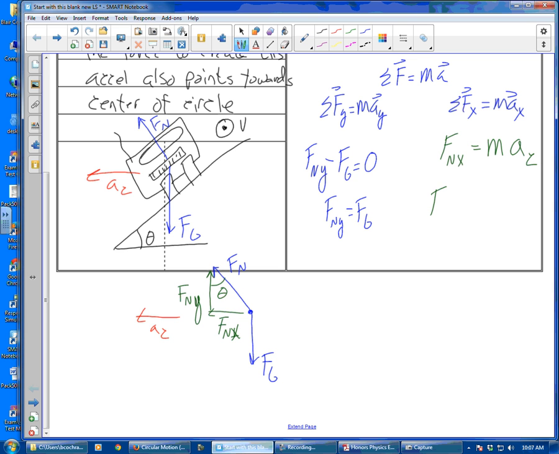You can substitute in here force normal X equals mv squared over r, because the centripetal acceleration is v squared over r from our equation sheet. And we also know force normal Y is m times little g, our definition of weight.